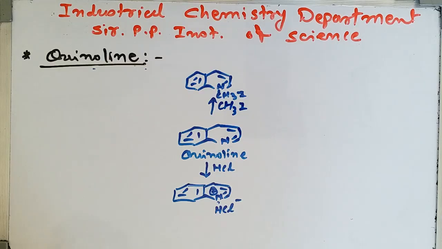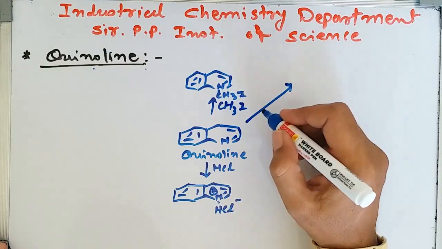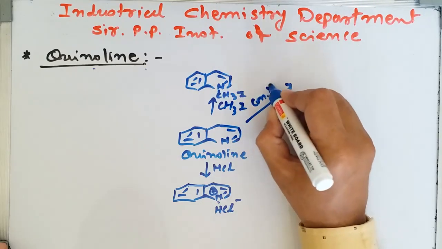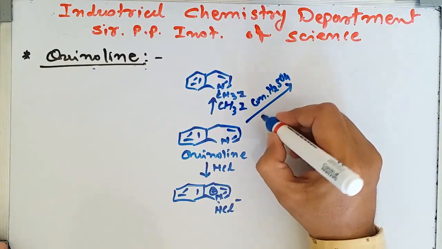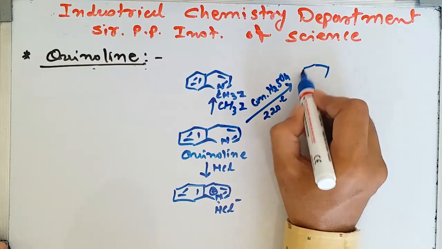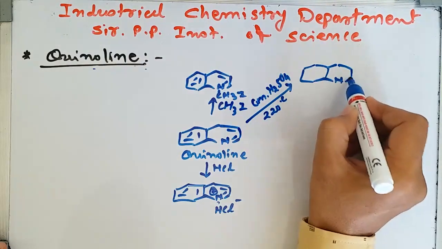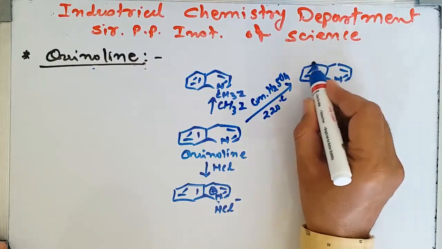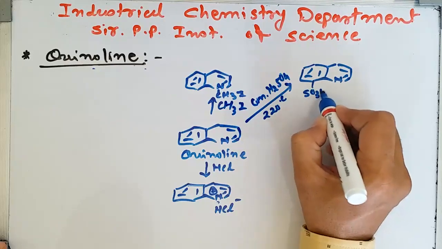Now we see electrophilic substitution reactions of quinoline, sulfonation and nitration. With the help of sulfating agent, concentrated sulfuric acid at 220 degrees Celsius, it is formed 8 substituted SO3H.